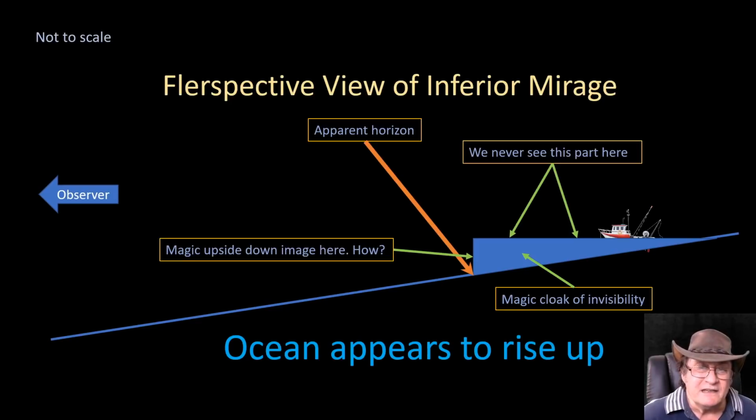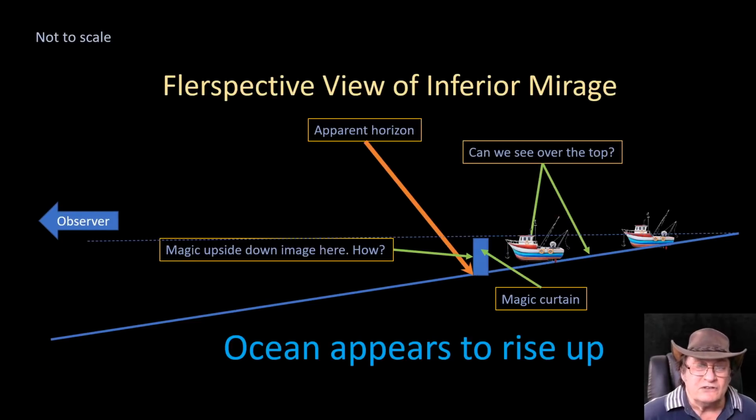And here's another thing. This top part here, we never see the top part. We never see what happens above this particular cloak of invisibility, this wall or whatever you want to call it. If this inferior mirage has thickness and it goes back like that to block the view of anything behind it, we should see the top, but we never do.